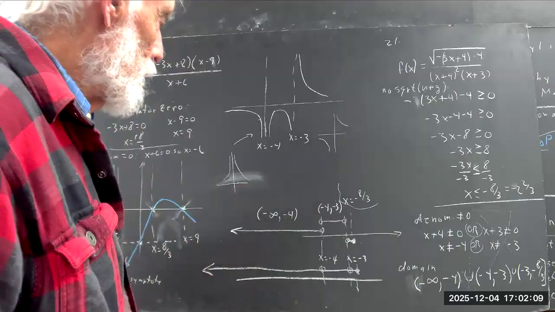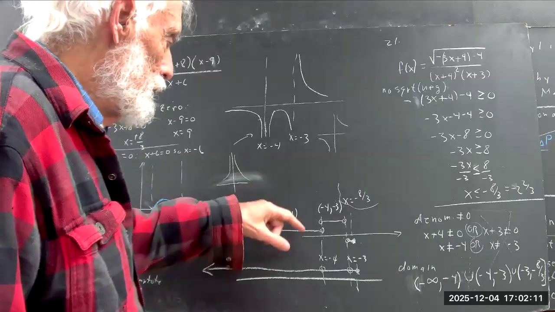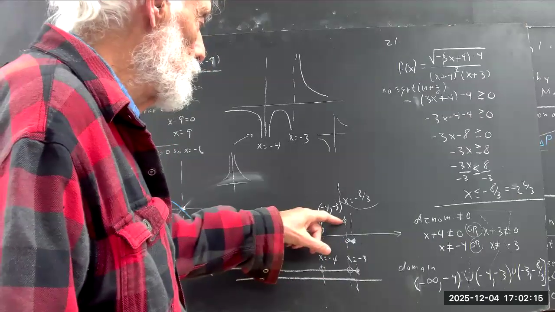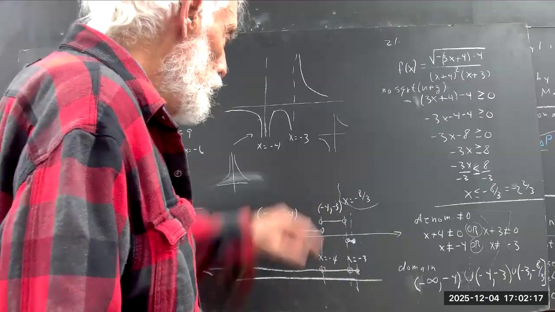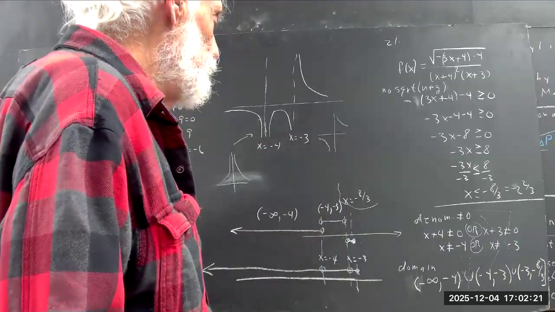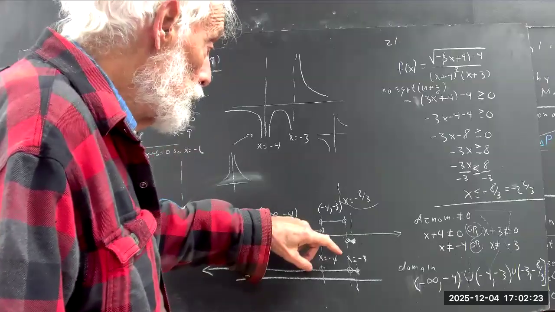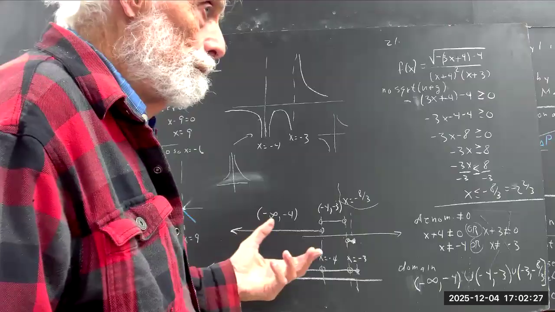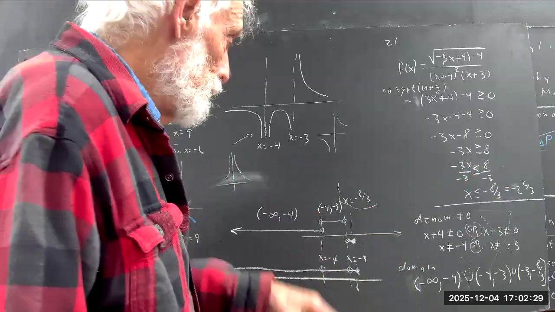Okay. Now, x can't be negative 4 and it can't be negative 3, but it can be any number between negative 4 and negative 3 because all these numbers are less than negative 8/3. Or it can be between negative 3 and negative 8/3, but it can't be more than negative 8/3.